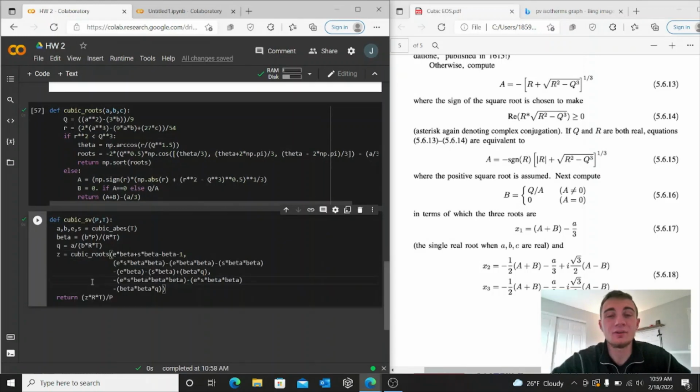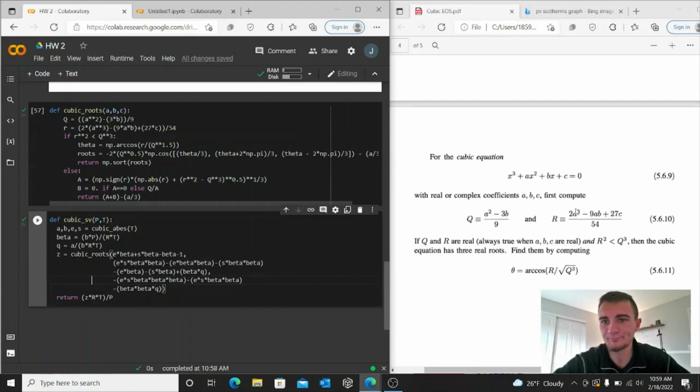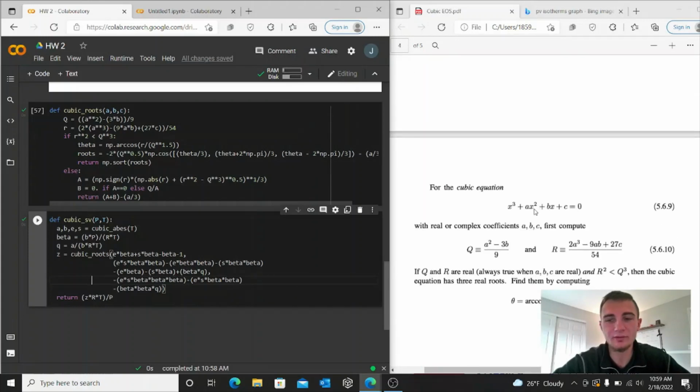All right, so I just went ahead and added in all of our coefficients here. Again, we have our epsilon, our sigma, our beta, and q. This first row will be the coefficients for A, for the z squared term, then the coefficients for B, for our z term, and then our constants.